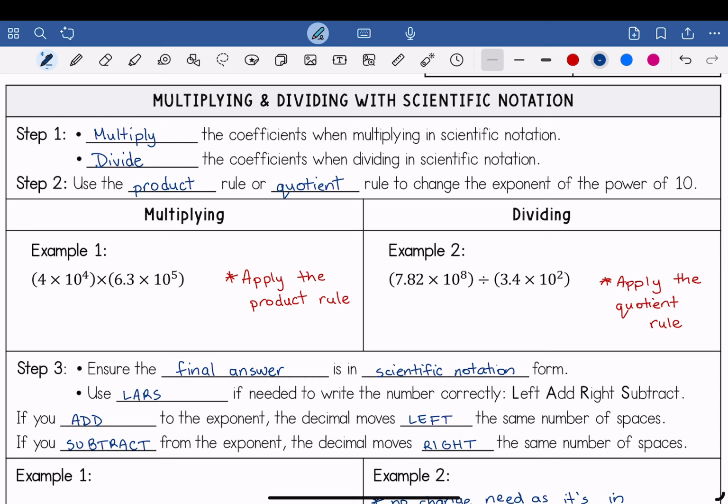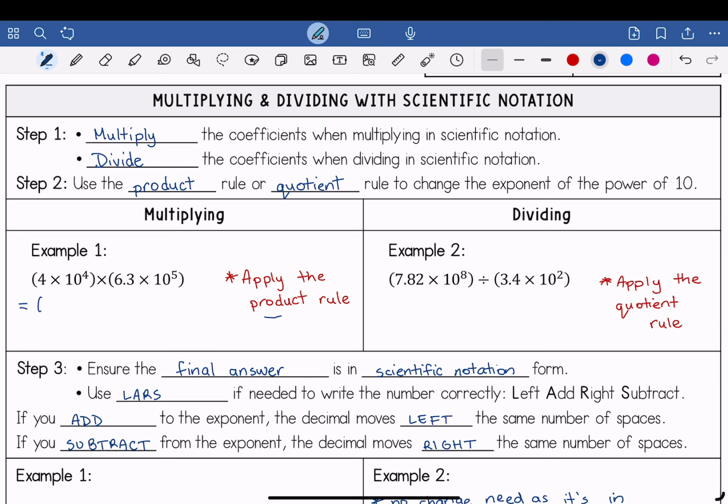Let's look at the example of when you're multiplying two numbers represented in scientific notation. Example 1. We have 4 times 10 to the power of 4 and 6.3 times 10 to the power of 5. We apply the product rule because the base, the power of 10, is the same, so we add the exponents.